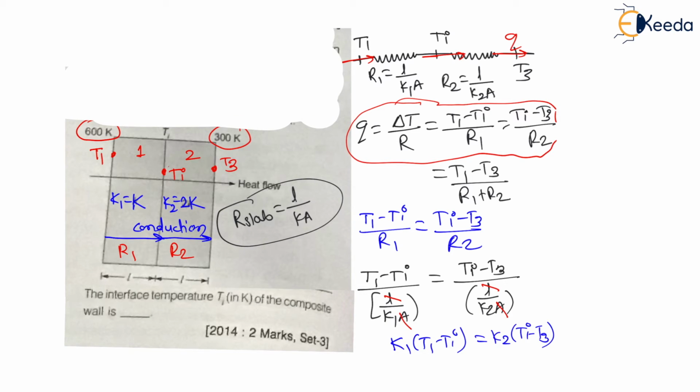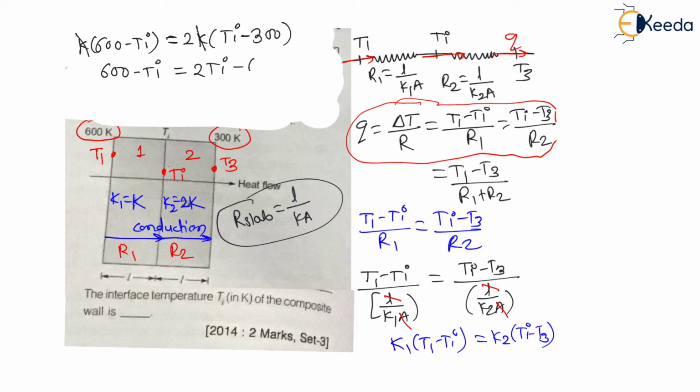The equation becomes K1 is K, T1 is 600 minus Ti, which is unknown, equal to K2 is 2K into Ti minus T3, which is 300. Here the thermal conductivity will also get cancelled. Therefore 600 minus Ti is equal to 2 Ti minus 600.